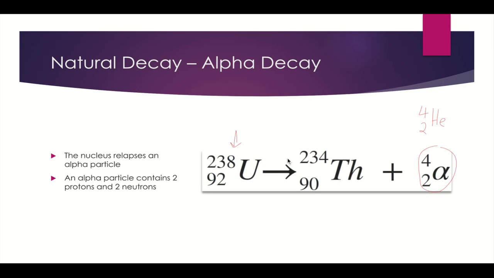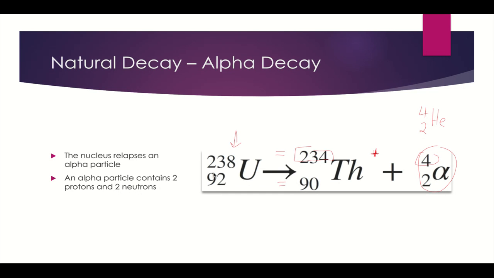Essentially, I can use this arrow here as a bit of an equal sign. Okay, and I can look at both the top and the bottom. So essentially what I'm saying here is that 234 plus 4 equals 238.